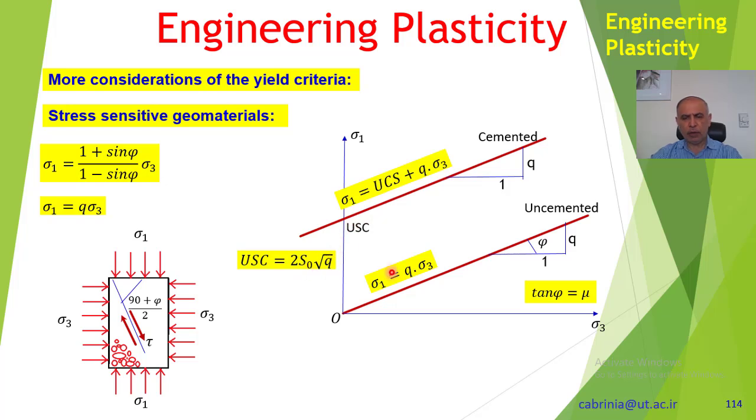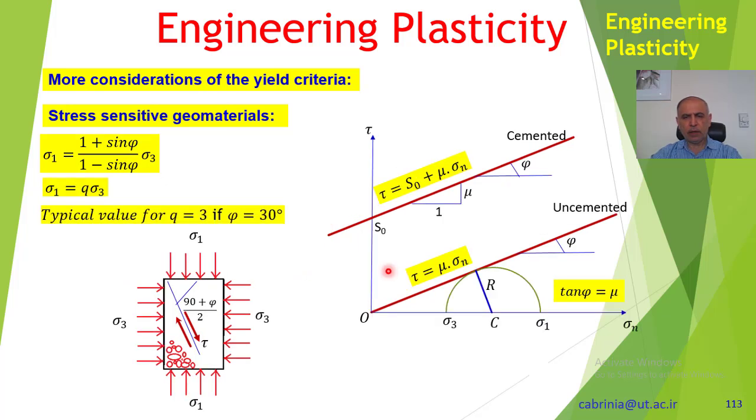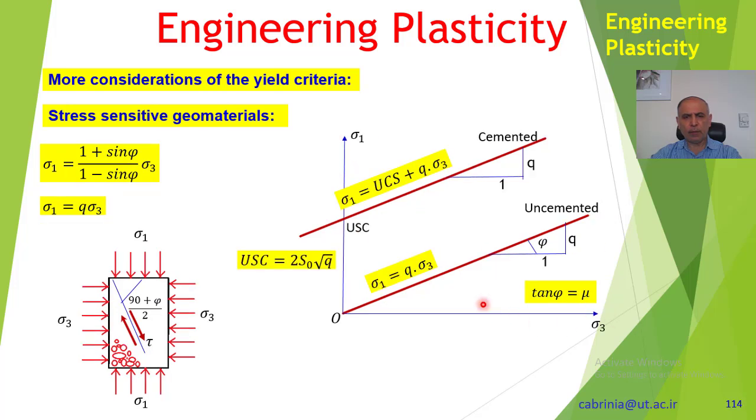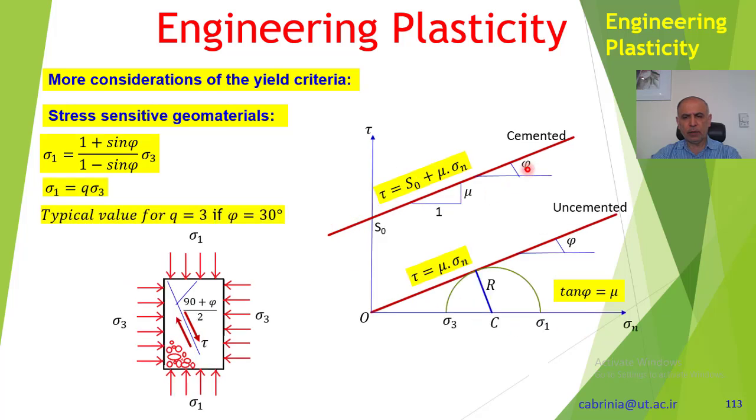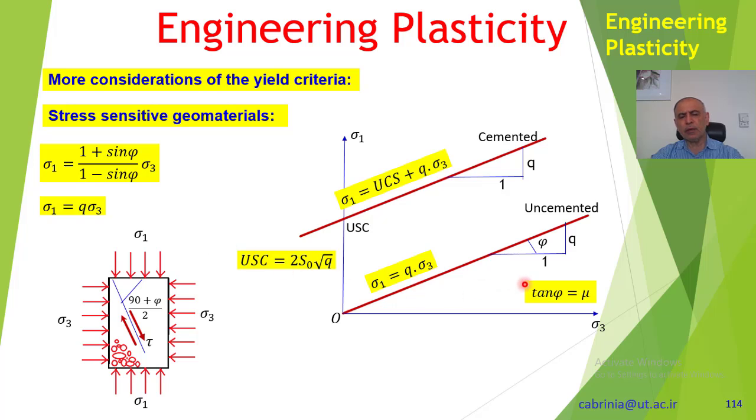In fact, between this figure, that's tau and sigma n with S0, and this figure, which is sigma 1, sigma 3, with USC and q, we have q equal to this. So you should be able to find this relationship between these two as well.